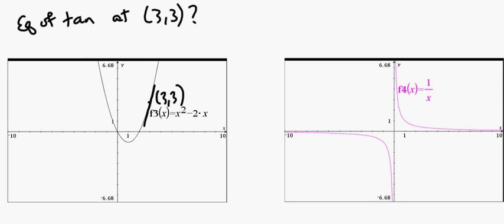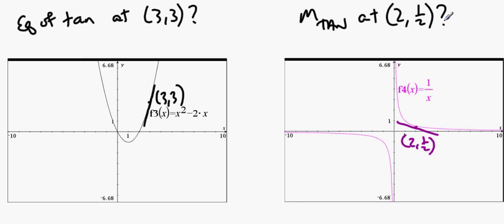And over here, we could zero in on the point 2 comma 1/2, and I could ask for the slope of the tangent line at 2 comma 1/2. Now you can hit the pause button and go to town on those, and in about 10 seconds of actual time, I will reveal those answers.